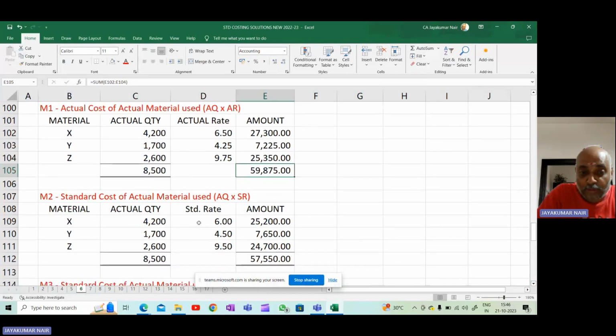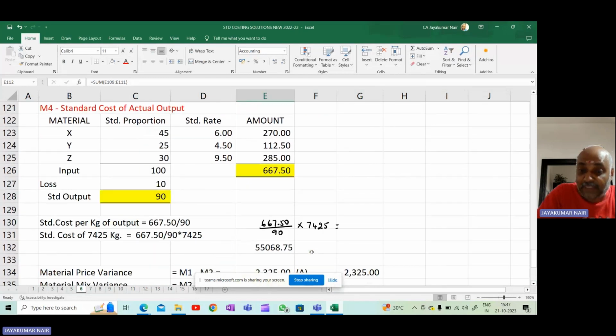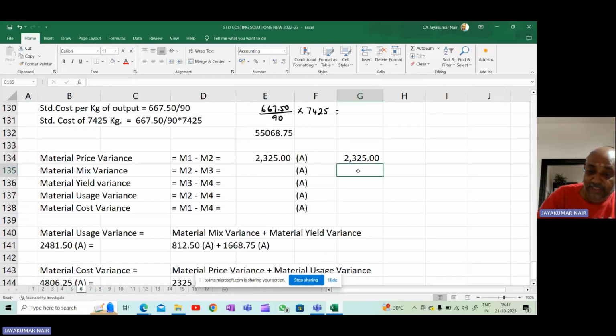Had you maintained the standard rate, the cost would have reduced. So when you compare the standard cost and the actual cost, the actual cost is more than the standard. That means it is adverse. So when you do M1 minus M2, if it is positive, it is adverse. If it is negative, you have to take it as favorable.